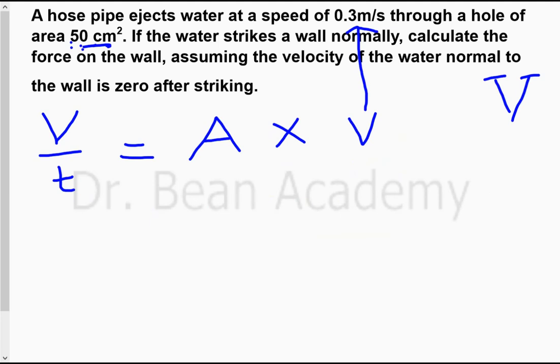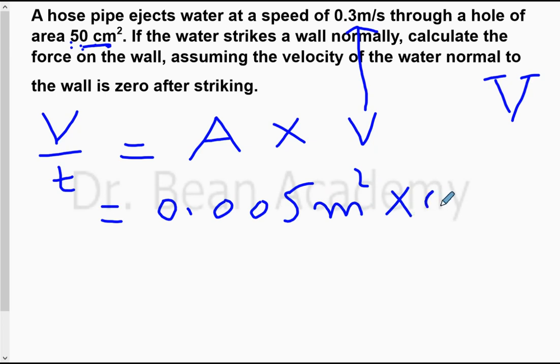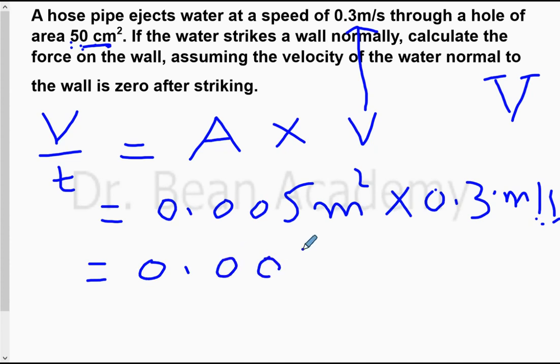So if I go back to this equation, area is 0.005 meter squared multiplied by velocity of the liquid, which is 0.3 meter per second, and it gives me the value of 0.0015 meter cube per second.